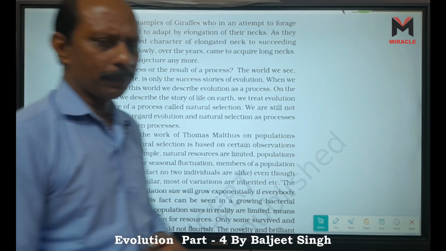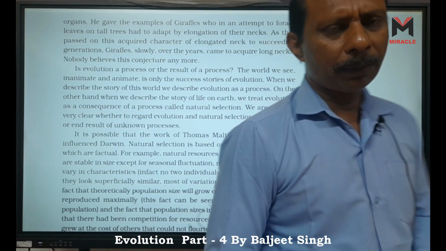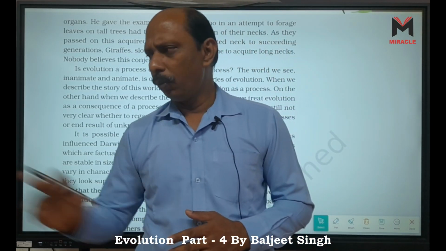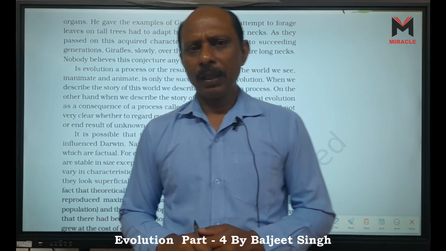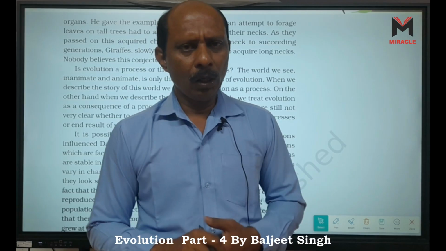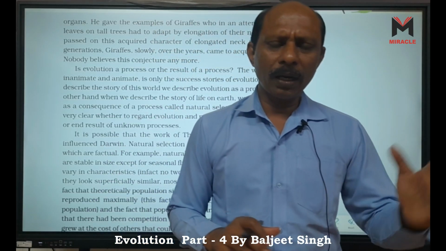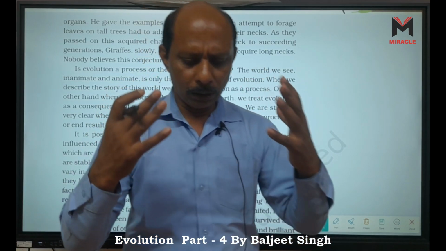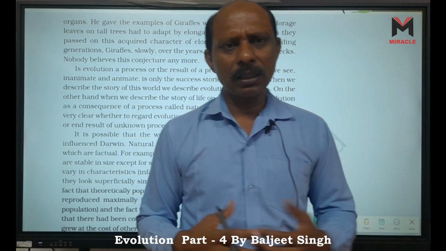Weismann gives the protoplasmic theory. Actually, he said protoplasm is the basis, and Weismann rejected Lamarckism, because he said every organism has two types of protoplasm. One is called somatoplasm, and the other is called germplasm. Somatoplasm is present in somatic cells.